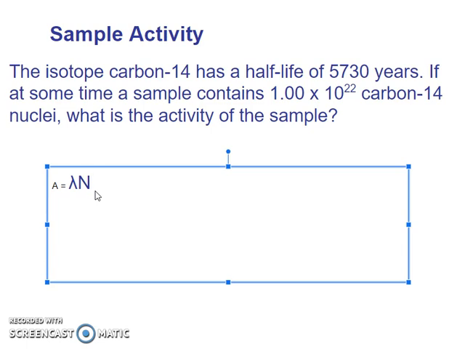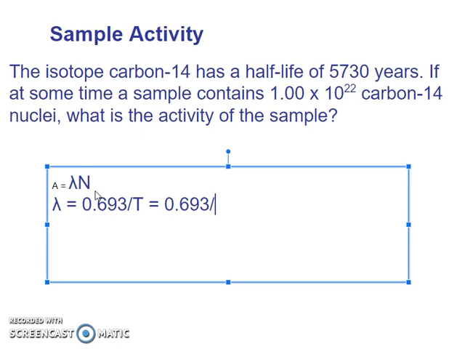However, in order to do that, we have to figure out that decay constant. So the decay constant equals 0.693, that's the natural log of 2, divided by our half-life, which they give us as 5,730 years.